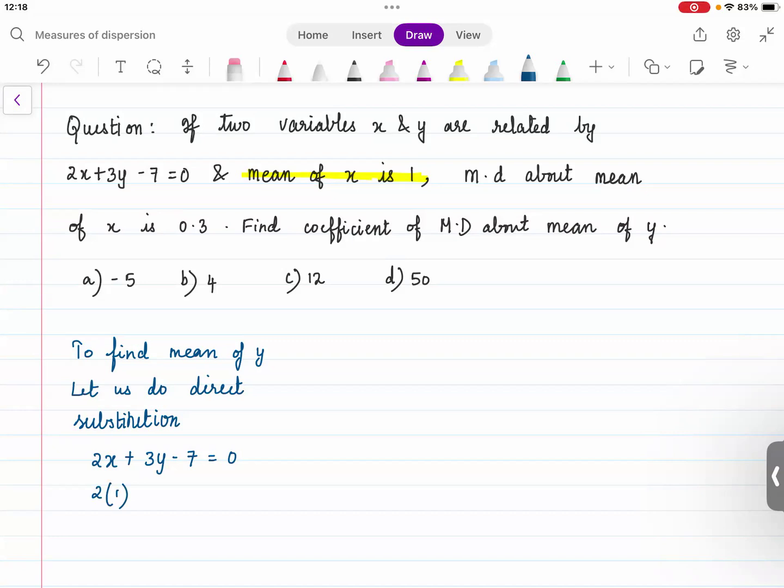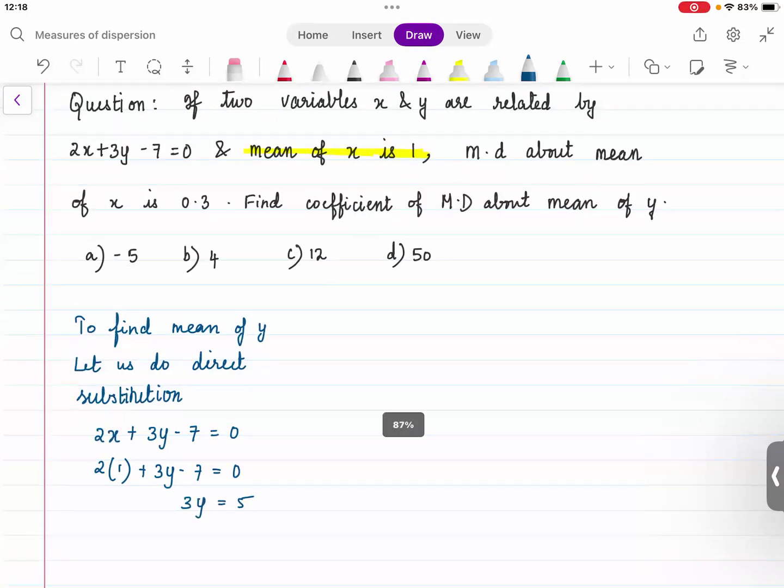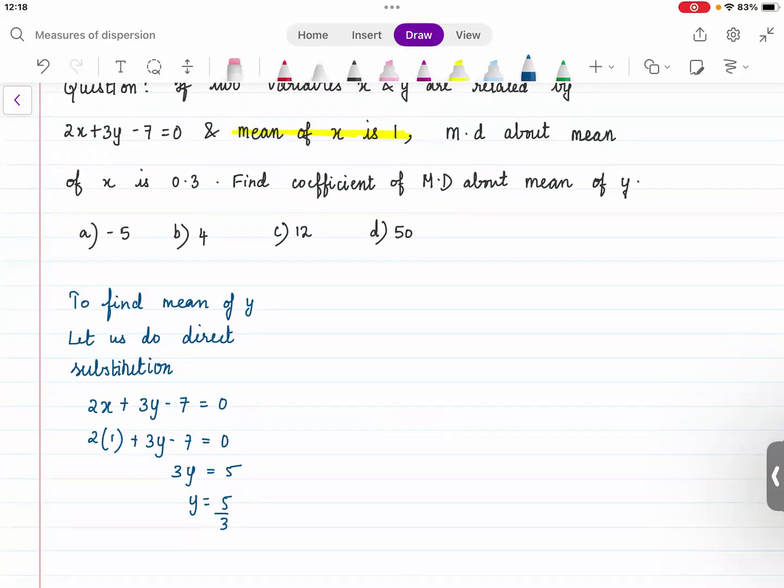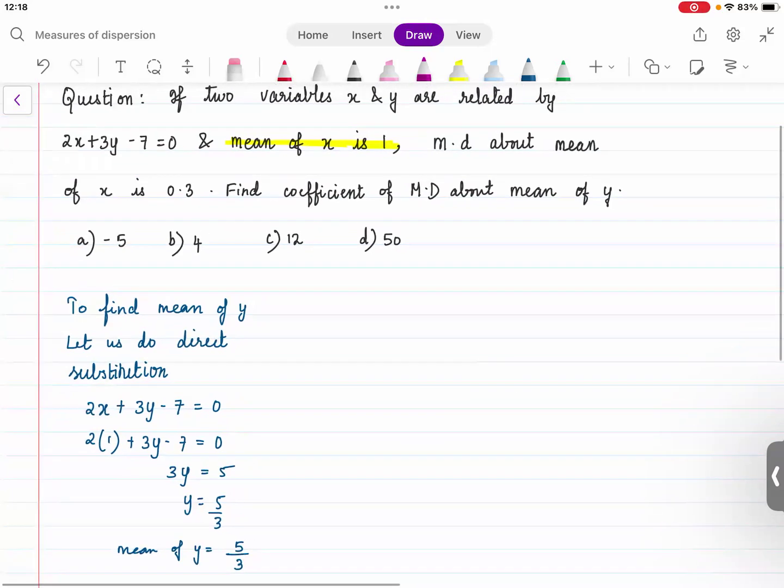So 2 into 1 plus 3y minus 7 is equal to 0. 3y minus 5 is equal to 0. 3y is equal to 5. So what will be y's value? Y's value will be equal to 5 by 3. So mean of x is 1 means when you substitute mean of x in the equation, you'll get mean of y. So mean of y is equal to 5 by 3. So this is step 1.